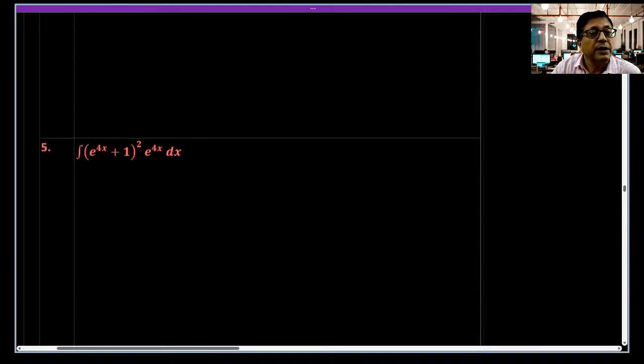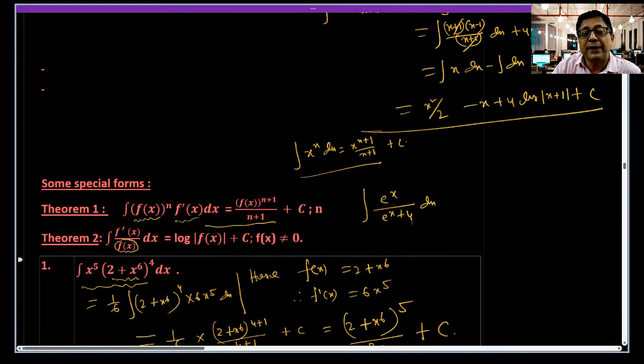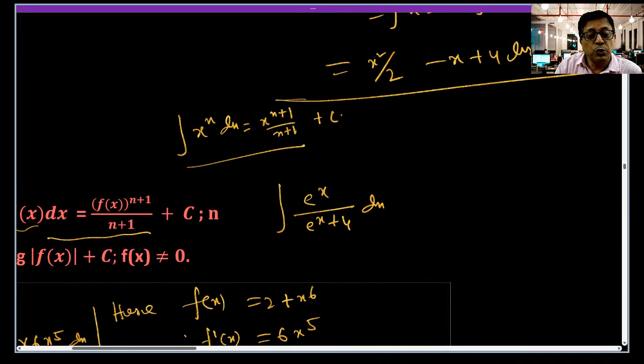It can be anywhere in our discussion. So this time that f(x) is lying in the denominator, that is e to the power x plus 4, and then its derivative e to the power x is lying above. So if you mention which one is f(x), which one is f dash x, then it can be done.